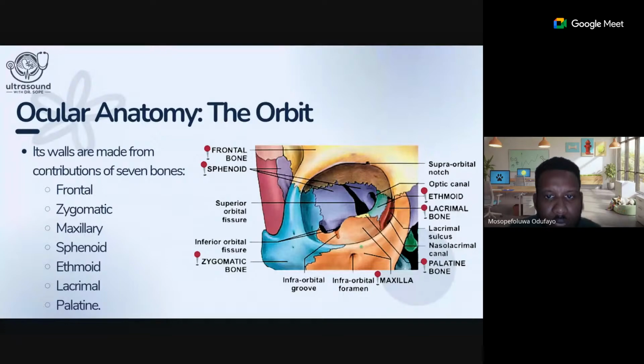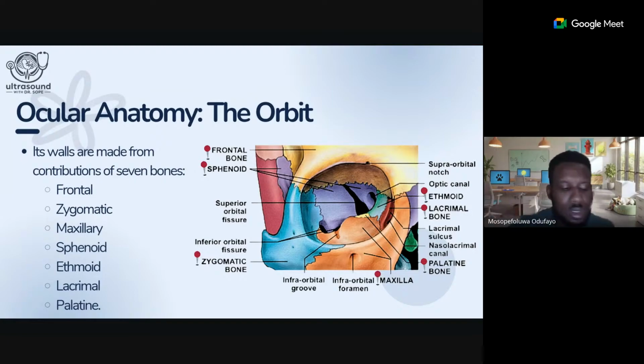Is that okay? And the sphenoid far back posteriorly, as you can see here in purple. Then the ethmoid bone medially, as you can see in green. Is that okay? And if you observe here, there is a part of it located in the nasal cavity, proving again that it doesn't just play a role in the formation of the orbit alone.